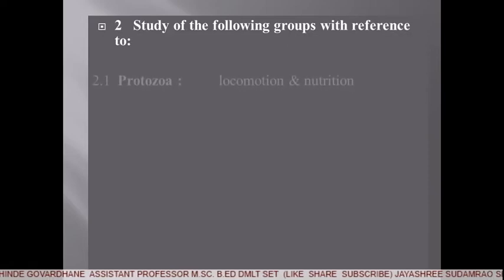Chapter number 2 is the study of the following groups with reference to protozoa.